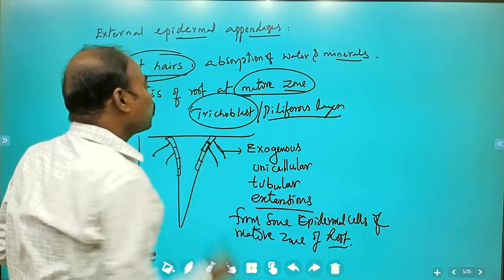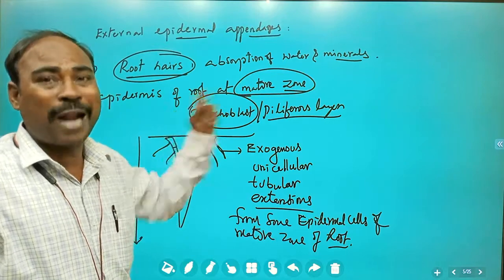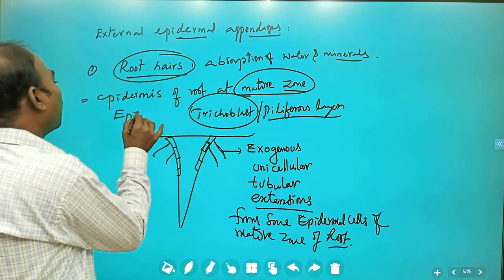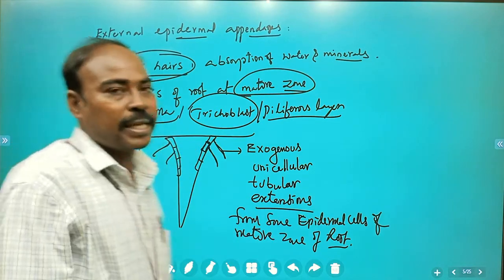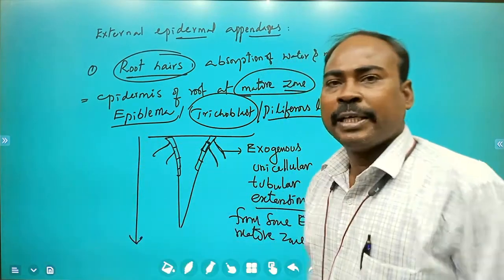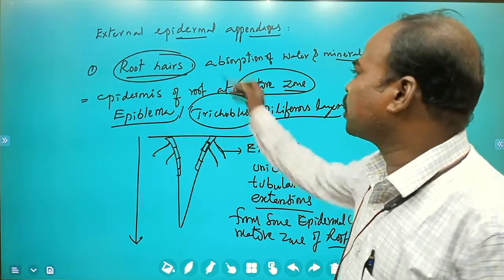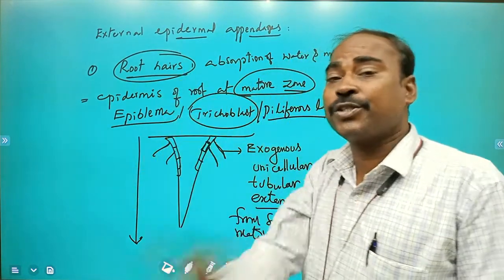The particular cells which produce root hairs are said to be trichoblasts. The epidermis of root is otherwise called epiblema also, right? We will discuss these again under anatomy of root in the next class. That is about root hair, only found in epidermis of root, not in stem.